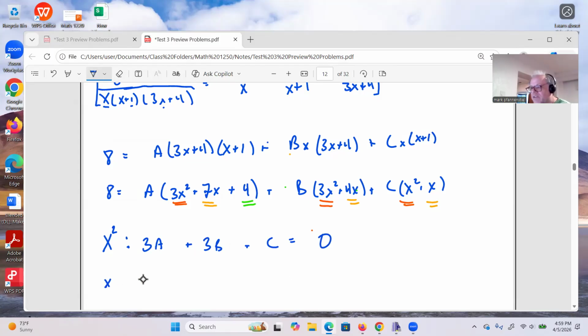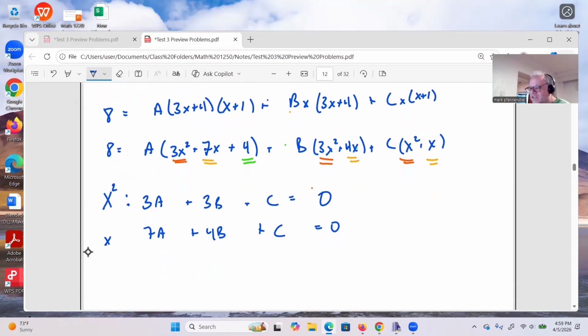As far as the x's go, we have 7A plus 4B plus C is equal to 0. And for our constant term, we have 4A, there are no more constant terms, equals 8.